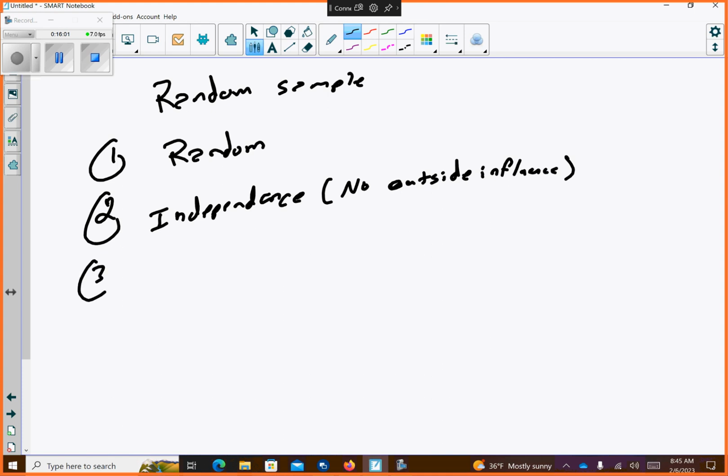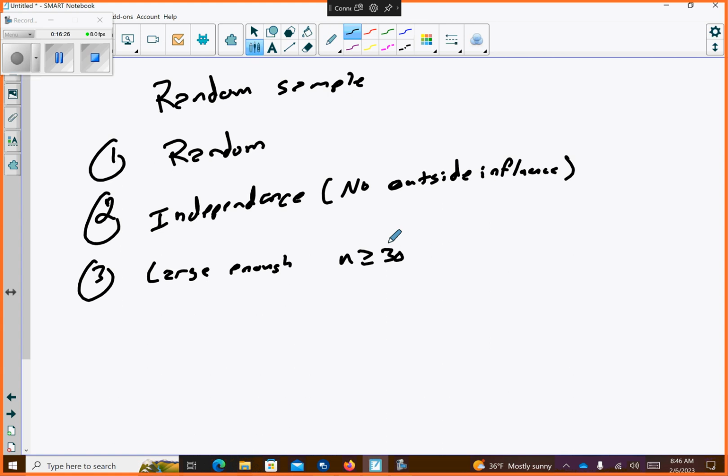And three, the sample size is large enough, so n has to be greater than or equal to 30. Small samples can suffer from a lot of variability. We will get into an equation later in the semester for samples less than 30.